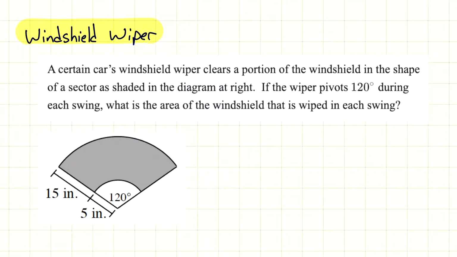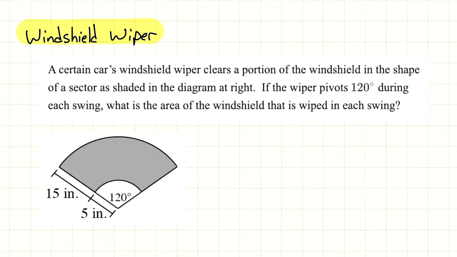Now, you might have noticed most cars have windshield wipers. Some have one big windshield wiper, some have two. Most cars that I think we see have two. But if you haven't noticed, they don't necessarily wipe the whole windshield, right?